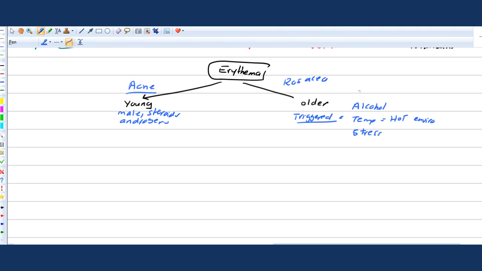What does this erythema look like? Just erythema on the face, which is small erythematous lesions. Maybe you'll put the face looks like this. The specific thing with the erythema is telangiectasia.